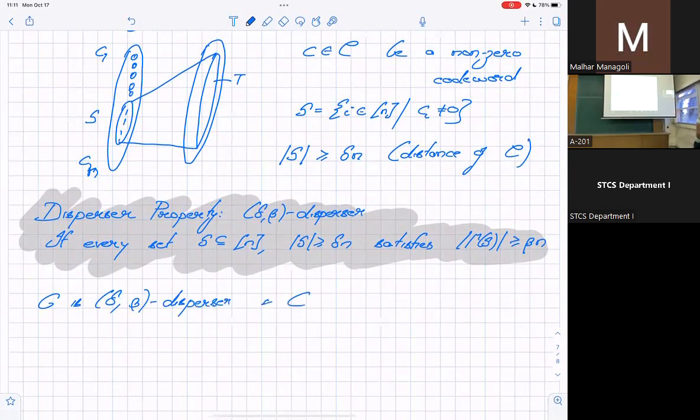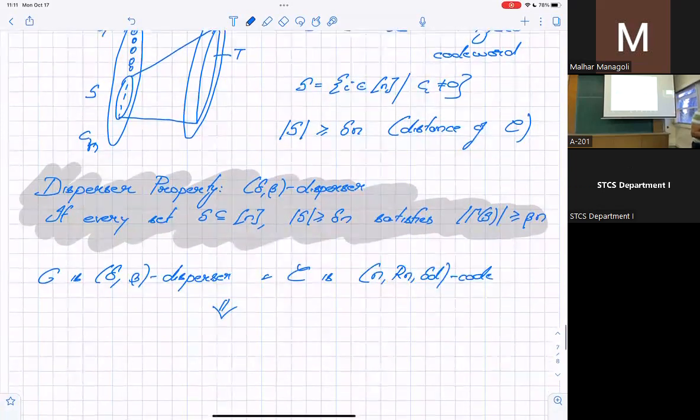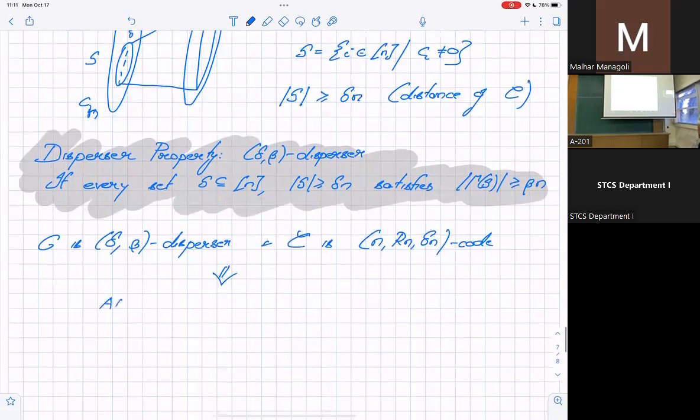and P is an n, delta n code. Then the new code is over 2.